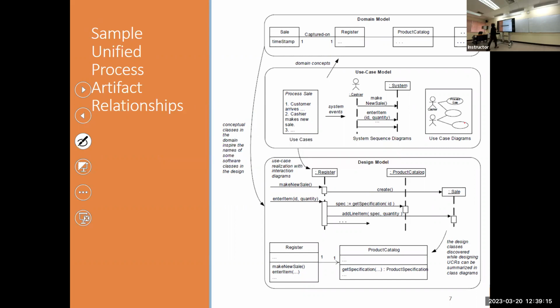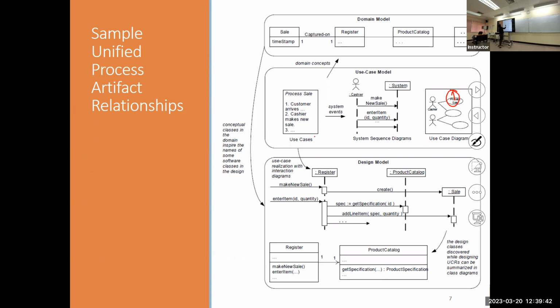All right. Here, this shows how several of the diagrams we will learn relate with each other and become consistent among each other. So this is the number one diagram, as I already mentioned, right? The use case diagram. We start with the use case diagram very first.